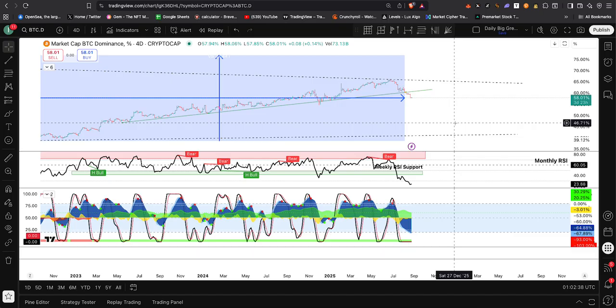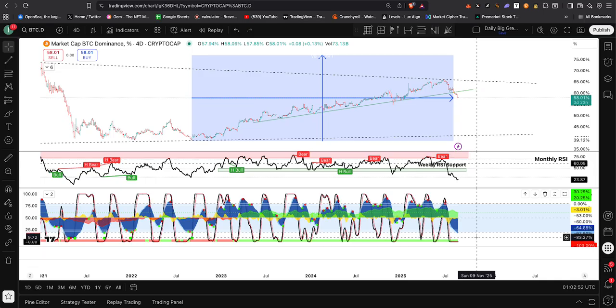So yeah, there's that. Bitcoin dominance doesn't look too healthy. Yes, there will be a big green dot printed on this thing sometime eventually on the 4 day time frame.